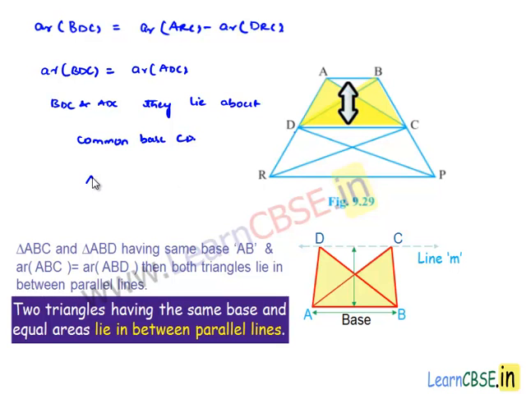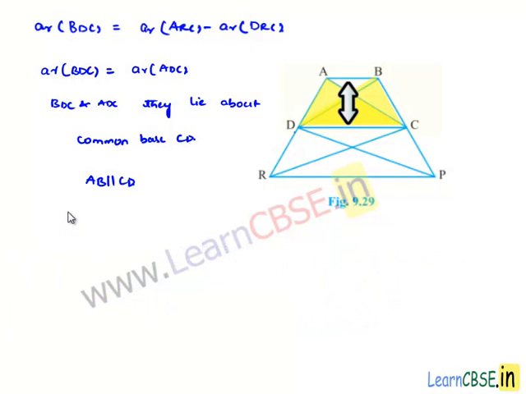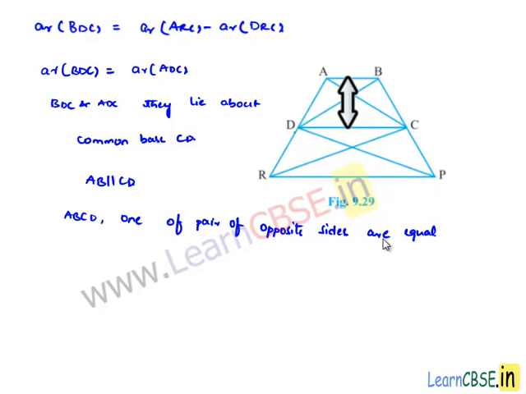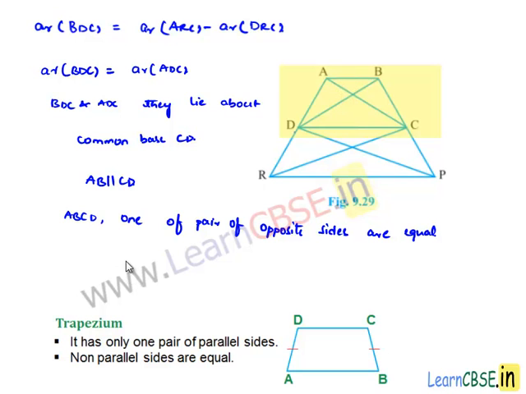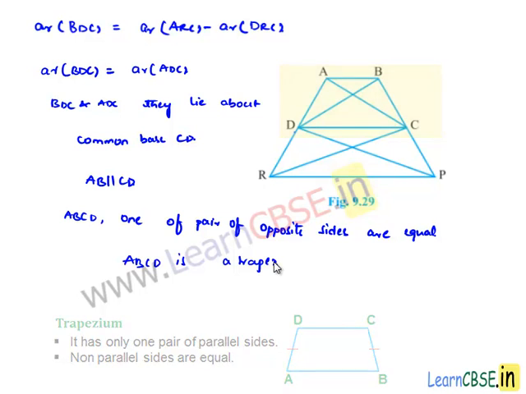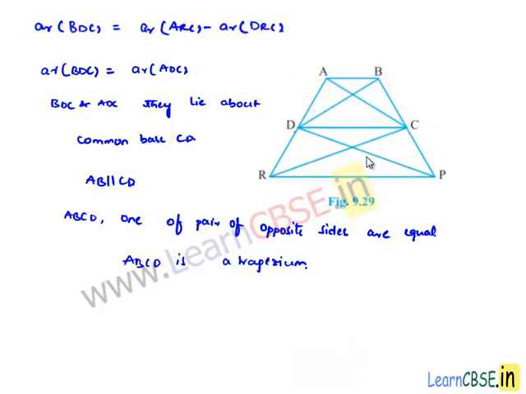Therefore, here AB must be parallel to CD. Therefore, in quadrilateral ABCD, one pair of opposite sides is parallel. A quadrilateral in which one pair of opposite sides is parallel is a trapezium. Here, ABCD is a trapezium. In the first case, we proved that DCPR is a trapezium, and in the second case, we proved that ABCD is a trapezium. This is the required proof, and it is hence proved.